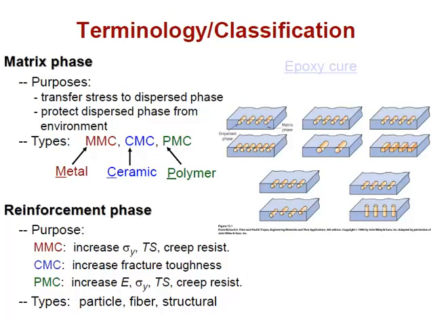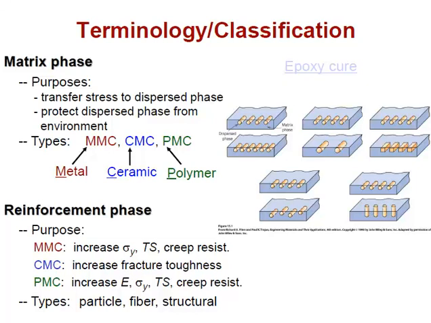Okay, I mentioned that matrix and reinforcement are the two components of composites, and they also are the manner in which composites are classified. So if you're looking for information on a type of composite you might think of looking for, and you're out in the literature or vendor information looking for some specs and properties, you want to go by these categories.